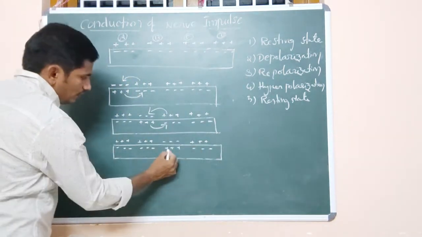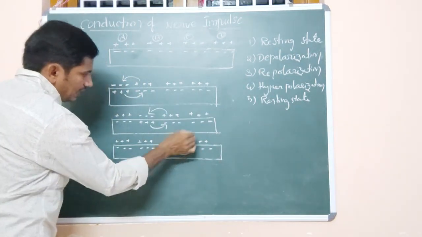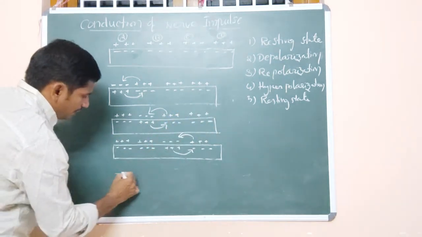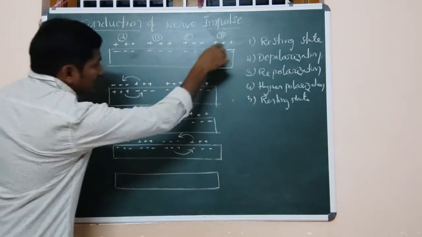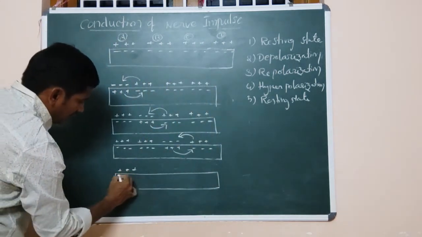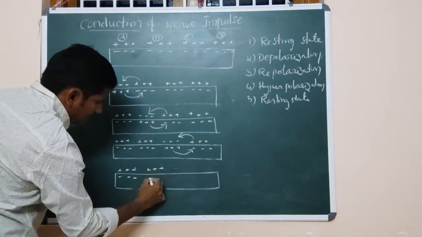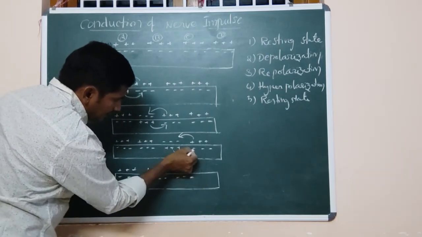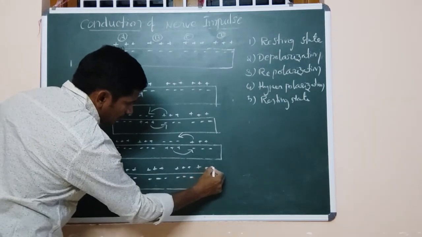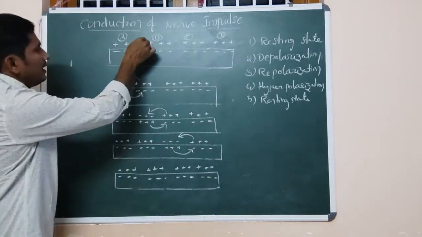Now these will be changed again to the resting state. We can see how you started from the resting state. The same thing happens at A, and here B, and here C. Then they change, and now here also it will again be a resting state.